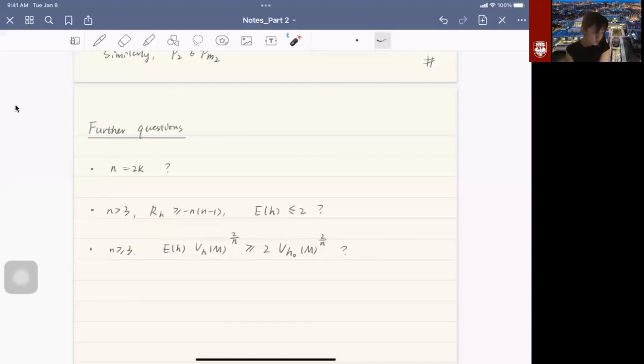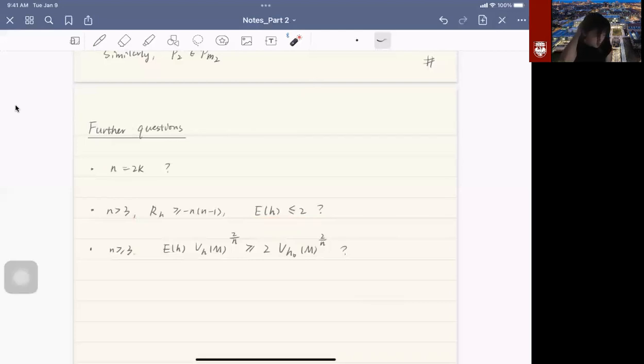So we are also curious about the case where n is greater than 3. And of course, in this case, the scalar curvature must be greater than or equal to -n(n-1). And so we want to know if we have a similar result.